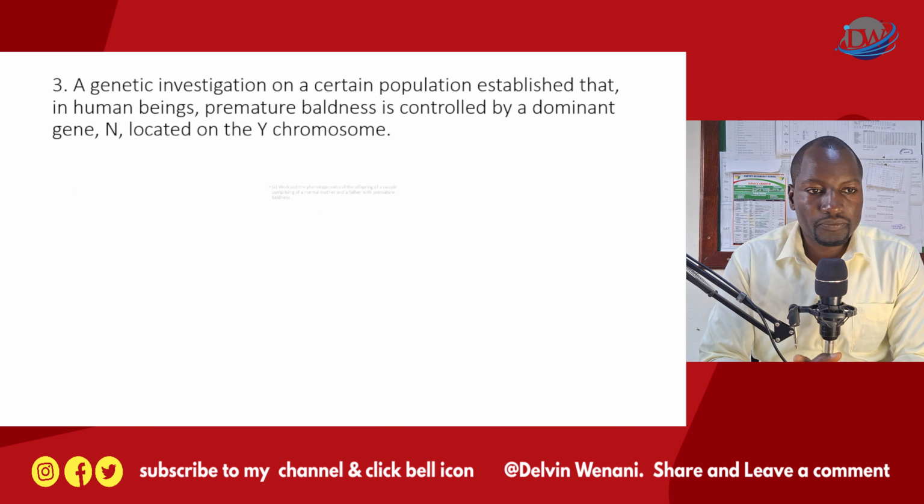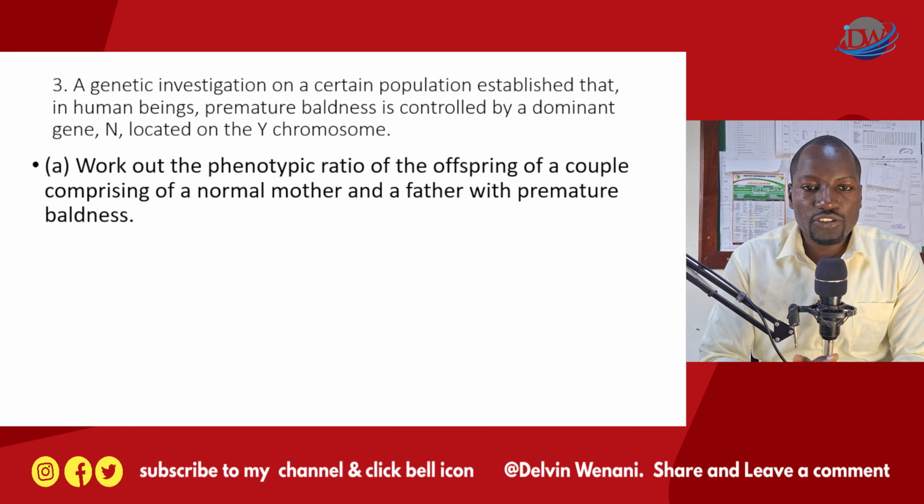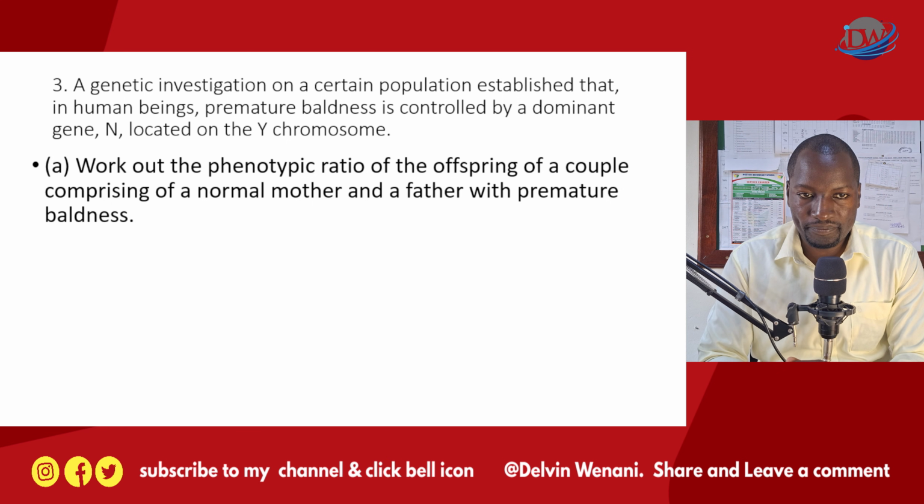Question number 3. A genetic investigation in a certain population established that in human beings, premature baldness is controlled by a dominant gene, capital N, which is located on the Y chromosome.